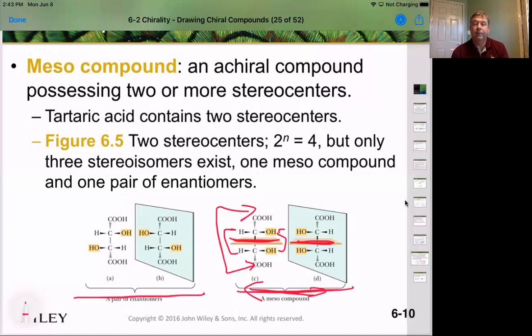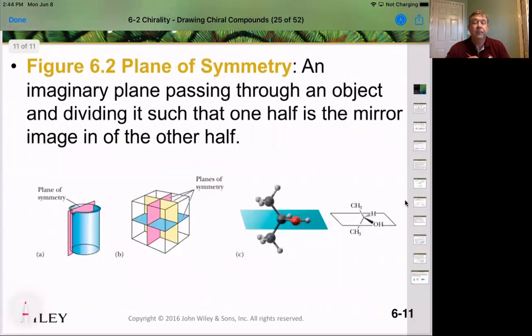This pair of compounds actually is the same compound because it's now superimposable because of the mirror, and it becomes a meso compound. And it is not chiral. The whole reason this happens is because we found a plane of symmetry.